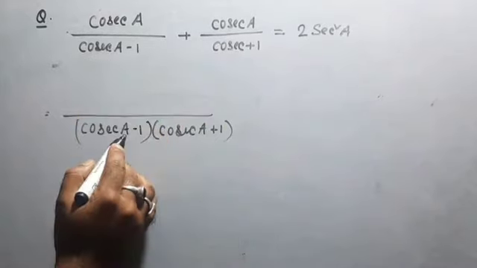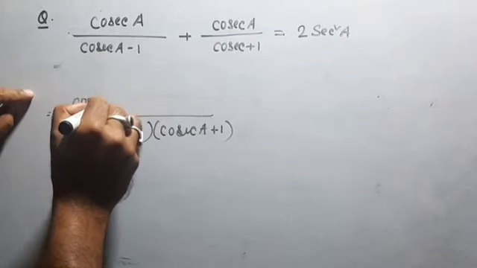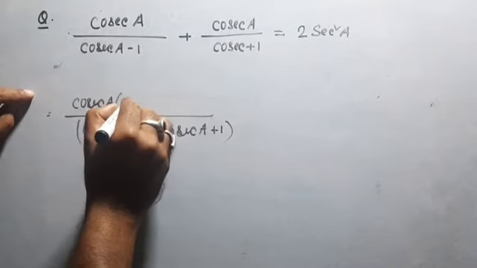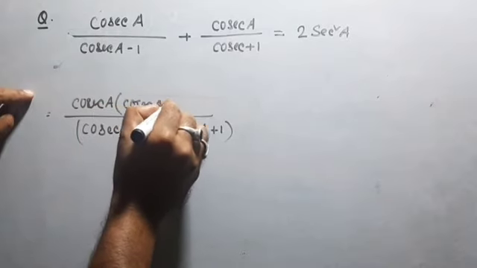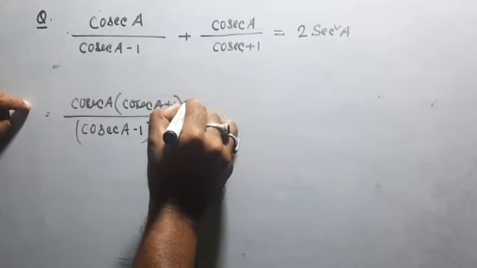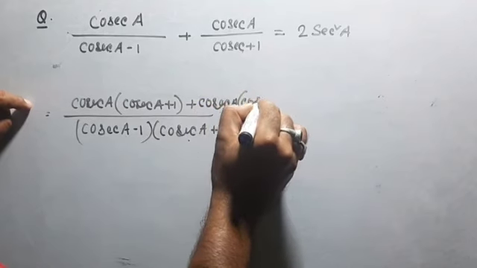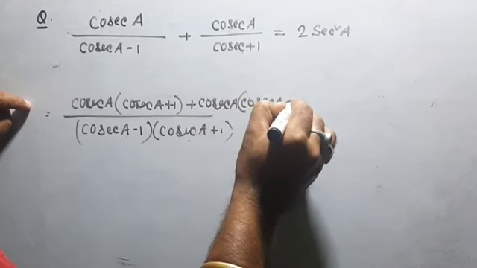So cosec a minus 1 cancel, so cosec a whole, cosec a plus 1, here cosec a plus 1 cancel, so cosec a whole, cosec a minus 1.